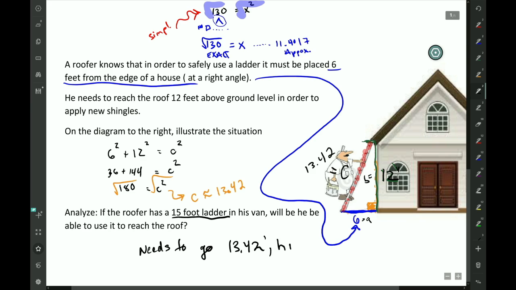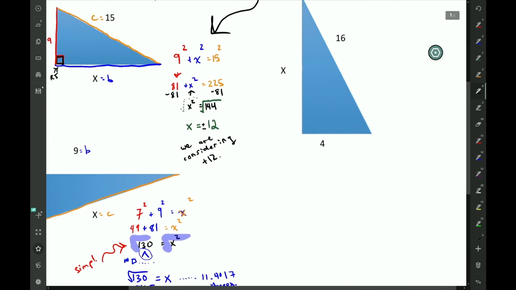His ladder is 15 feet, so he's good. So yes, he can apply the shingles or paint in our case. And really, that's all it is, okay? A squared plus B squared equals C squared.